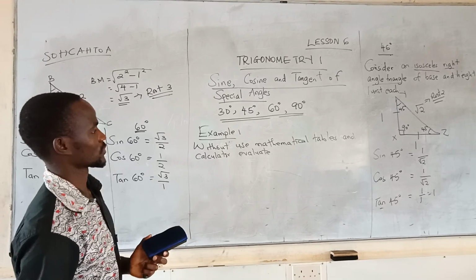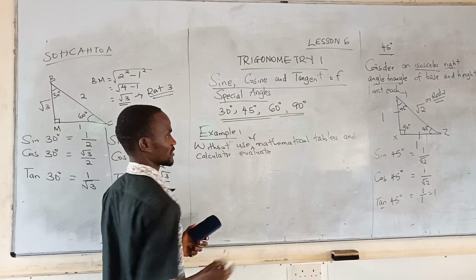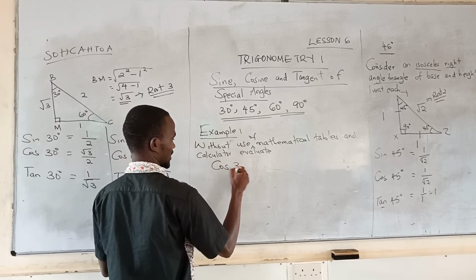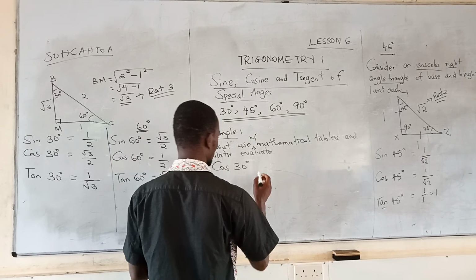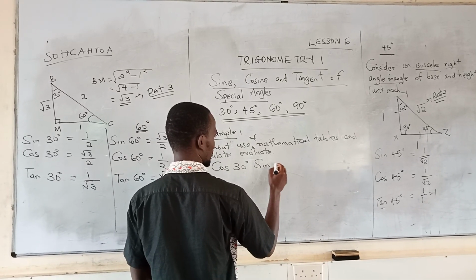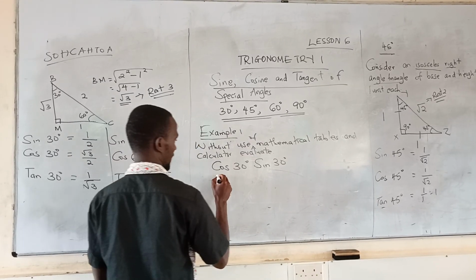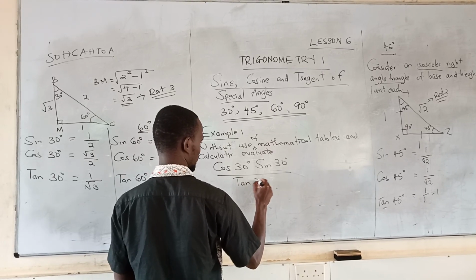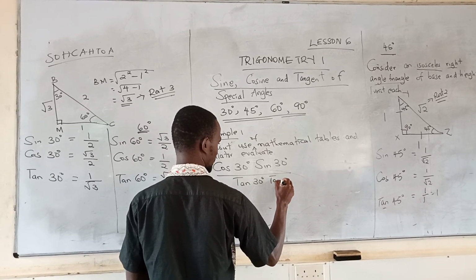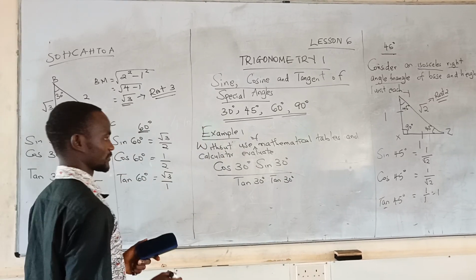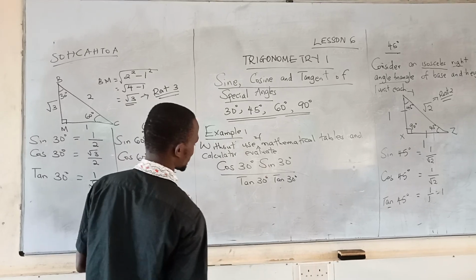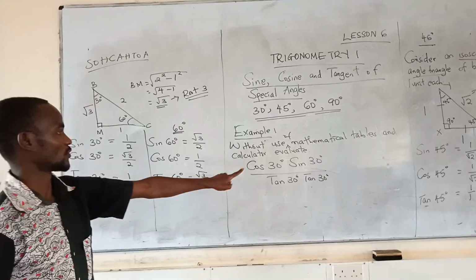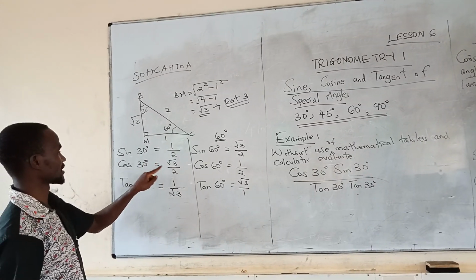Now an example: without use of mathematical tables and calculator, evaluate cos 30 degrees sine 30 degrees over tan 30 degrees tan 30 degrees. If you have been given such, your work is just to go back and see what your cos 30 degrees is.